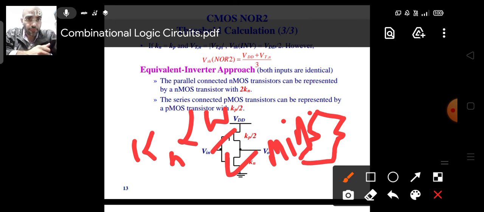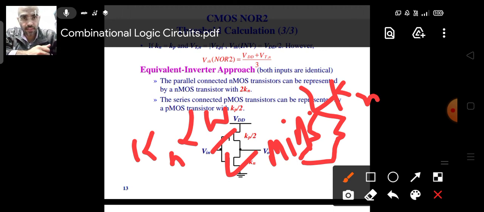If our L remains the same and our W is becoming twice, then our Kn is becoming twice. So the equivalent Kn of this combination will be 2Kn. That is what we have seen, and that's why we have written twice of Kn. If you want to replace the whole pull-down network with a single transistor, then the W by L ratio of that transistor should be twice the W by L ratio of a single transistor.